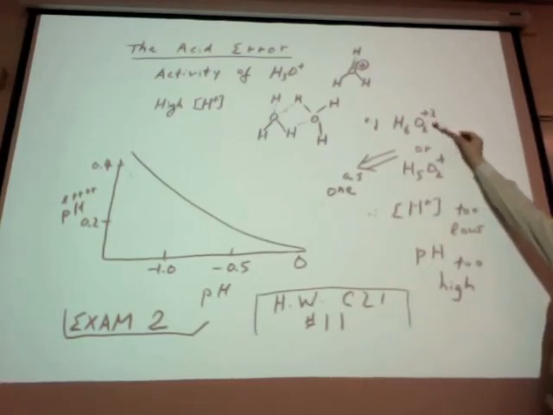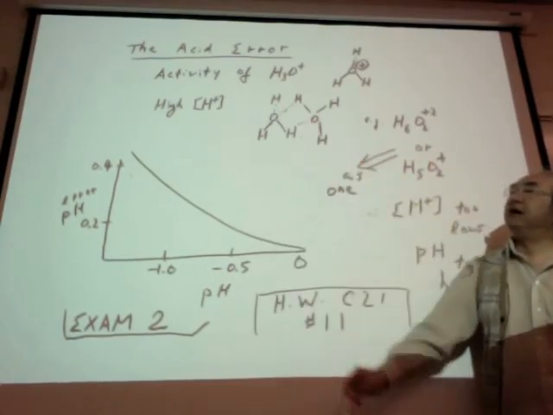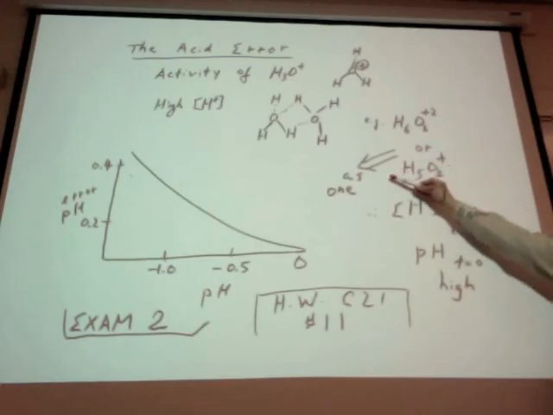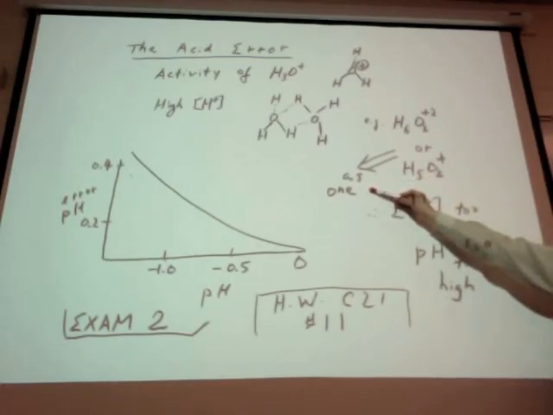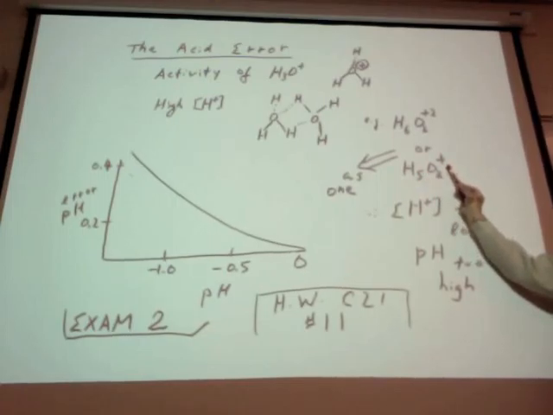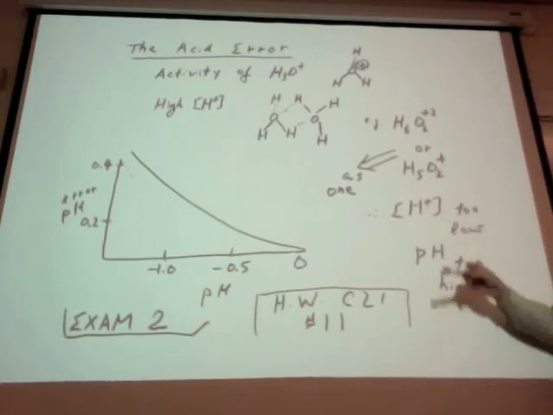It could be like this, or like this, depending on the orientation. So your electrode is going to measure this as one activity, but in actuality, it should be two, right?